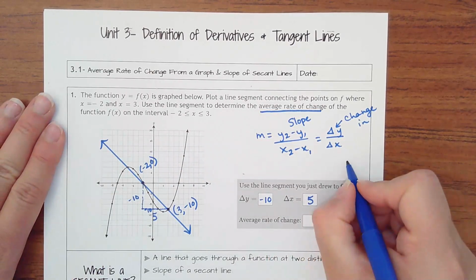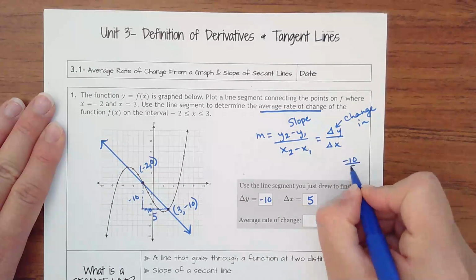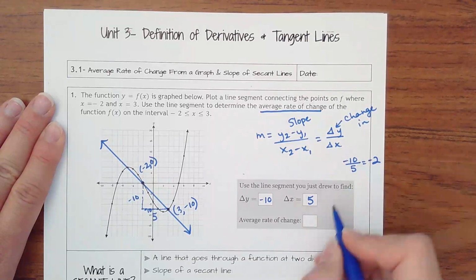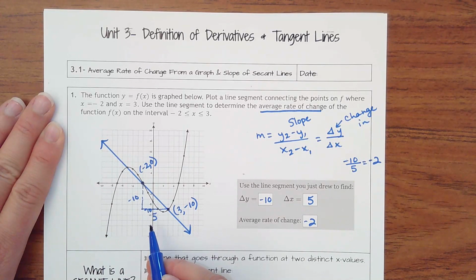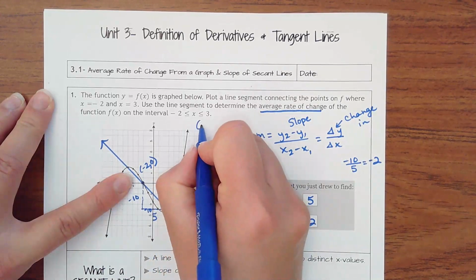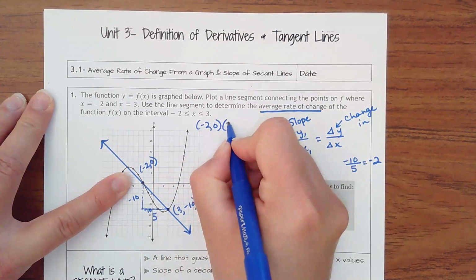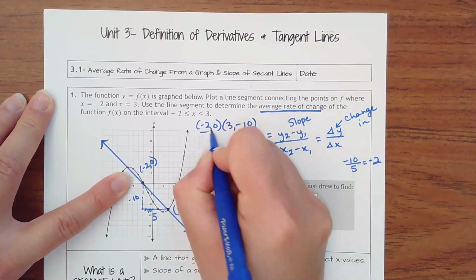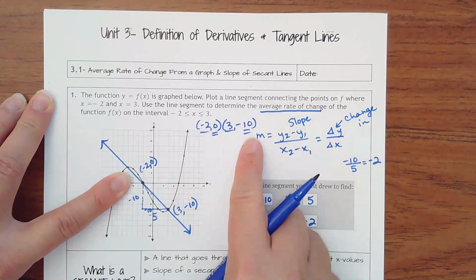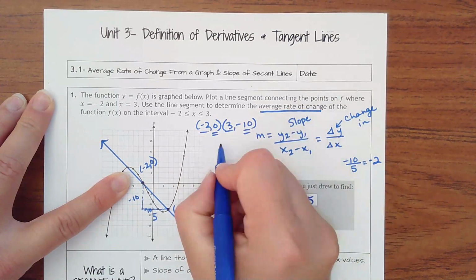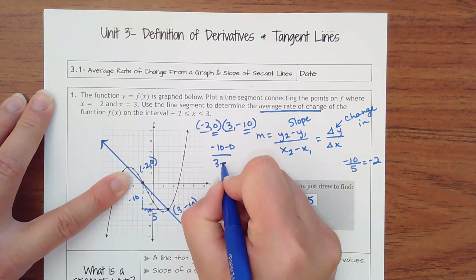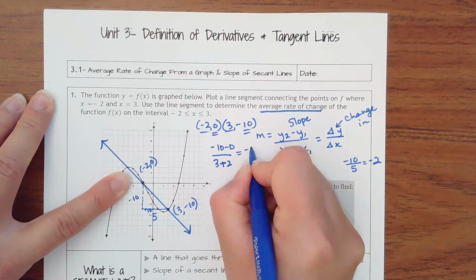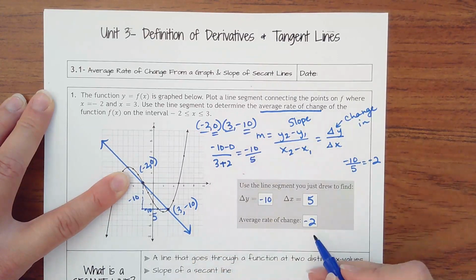So going down 10, right 5 would get you a slope of -2. Now, if you don't want to look at it, just do the slope formula. If your points are (-2, 0) and (3, -10), just do y2 minus y1, so -10 minus 0, over 3 minus -2, which is 3 plus 2. And you'll get -2 as well.